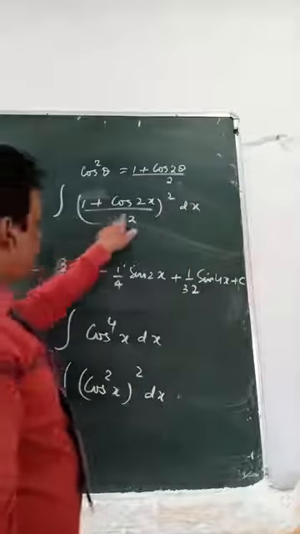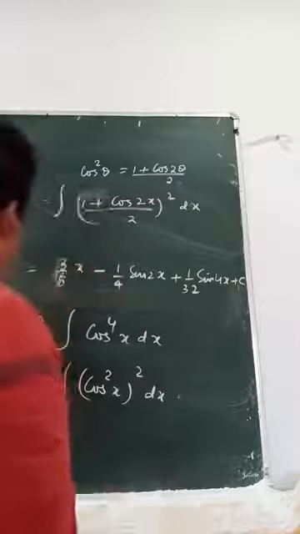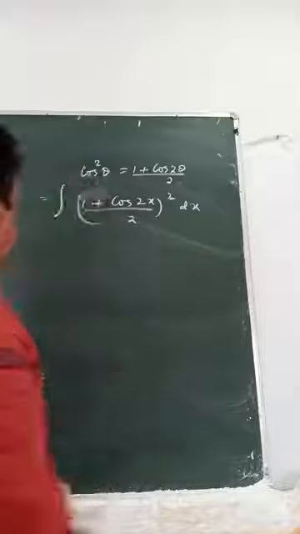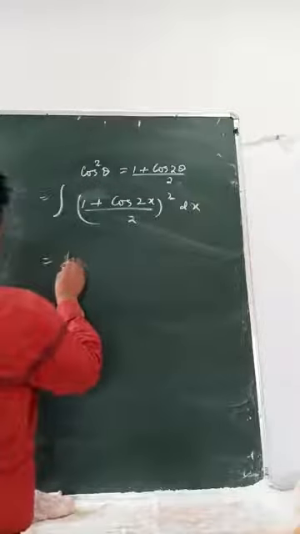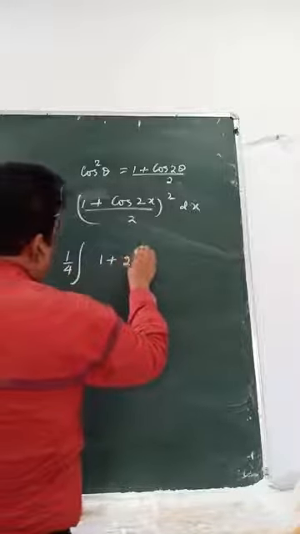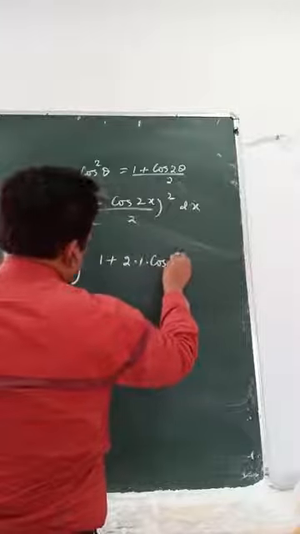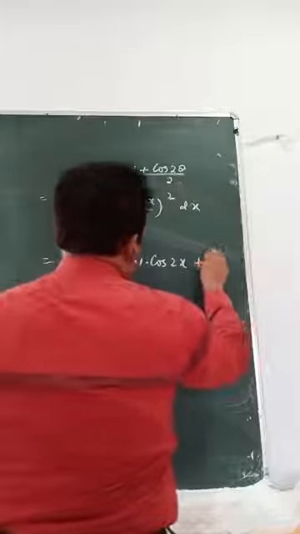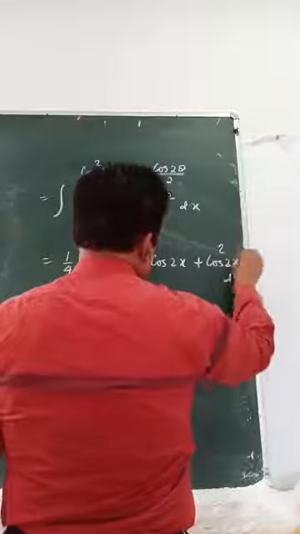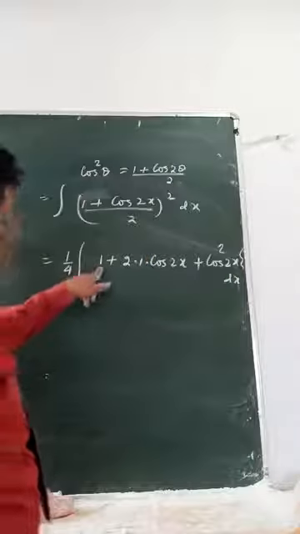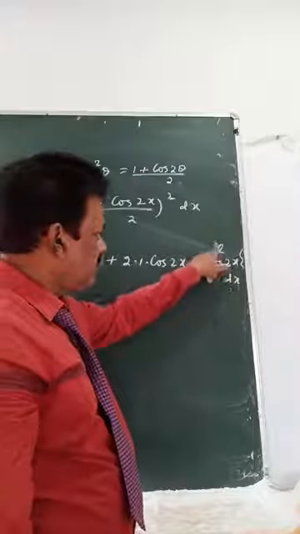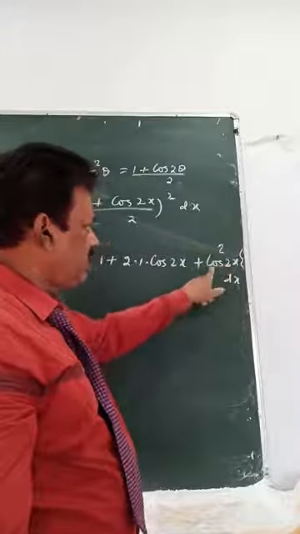So again a plus b whole square formula. So what will you get? Same thing I have written just now. 1 by 4 I can keep outside. 1 plus 2ab, 2 into 1 into cos 2x plus b square is cos square 2x. This low power I can integrate, this cos with power cannot be integrated.